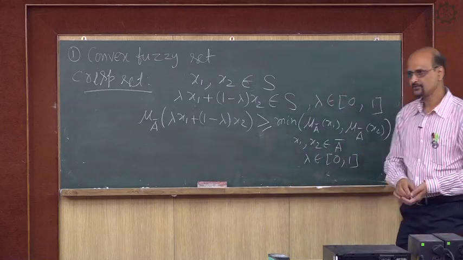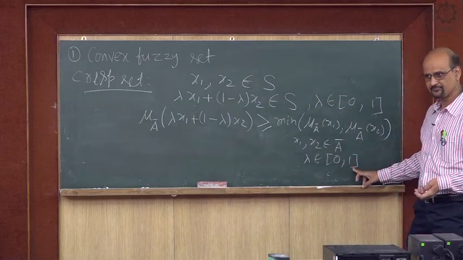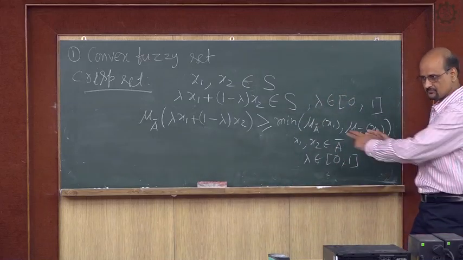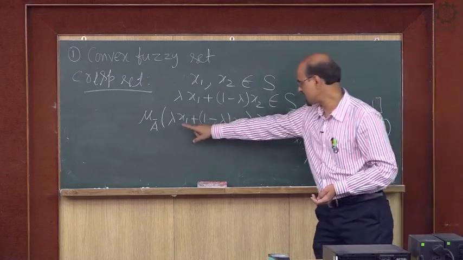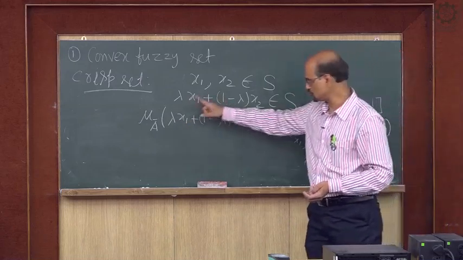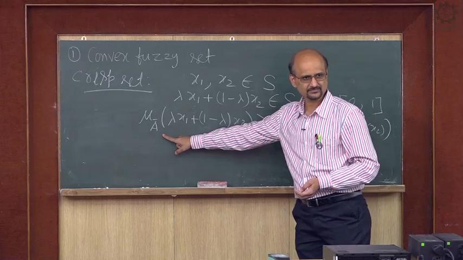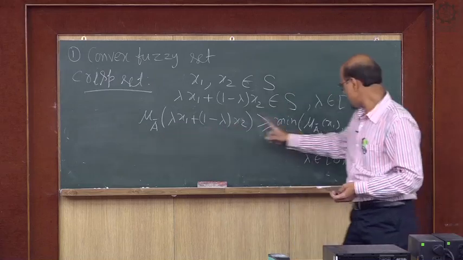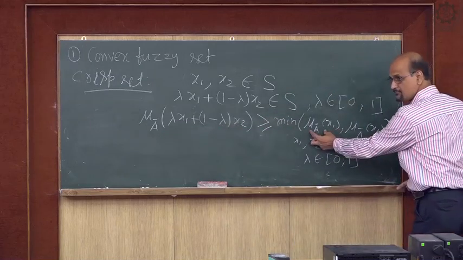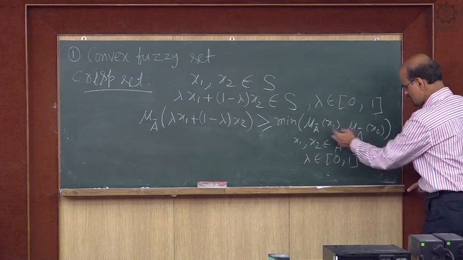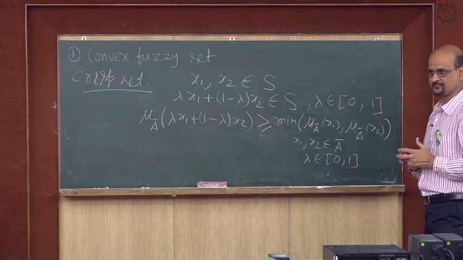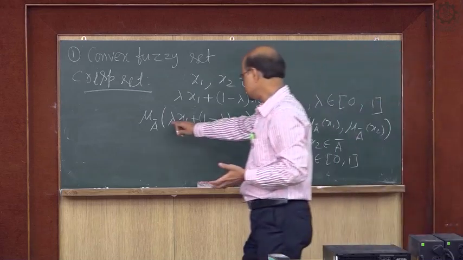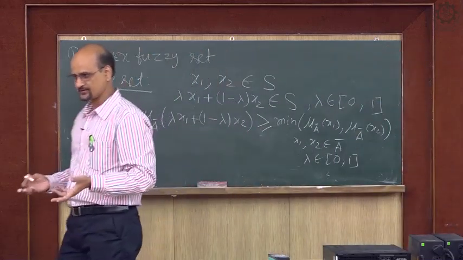You take any lambda in the closed set 0 1, take this convex combination lambda x1 plus 1 minus lambda x2, find its membership function on the set A bar, and then separately the membership functions of x1 and x2 in A bar. If this is greater than or equal to the minimum of these, then we say that this fuzzy set A bar is convex.